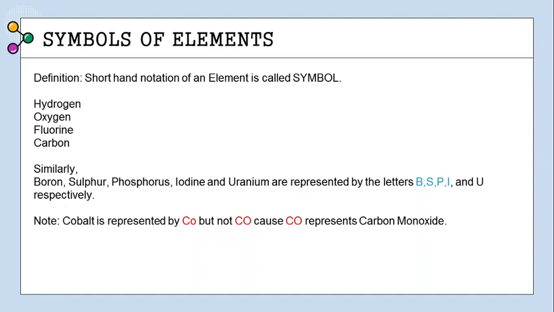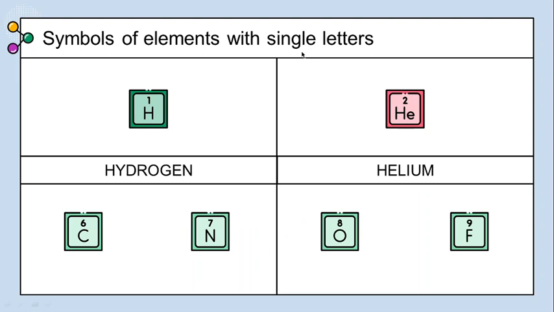Coming to the next slide, elements with single letters, like hydrogen, which is H, helium, which is He. Sorry, helium is not a single letter; it's a double letter. Here are their atomic numbers: hydrogen, helium, lithium, beryllium, boron, carbon, nitrogen, oxygen, fluorine, neon and others.